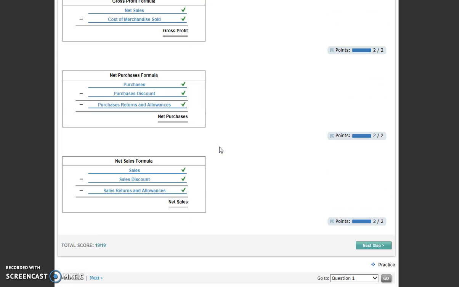Okay, and the net purchases. It is also on page 477. We subtract the total contra accounts from purchases to calculate net purchases. Here it says purchases minus purchases discount, minus purchases returns and allowances equals your net purchases. And then the net sales formula. Finding this one.